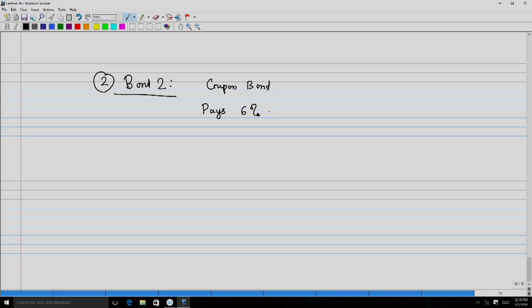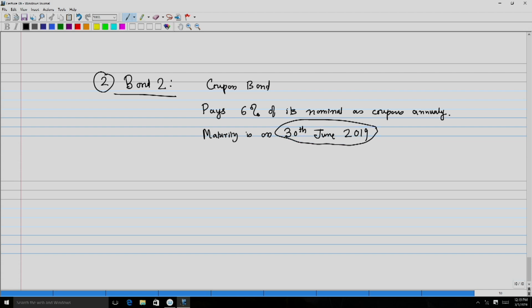So, this coupon bond pays 6% of its nominal as coupons annually, and the maturity is on 30th June 2019.